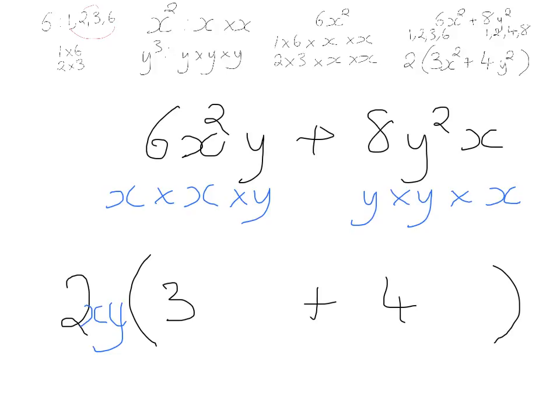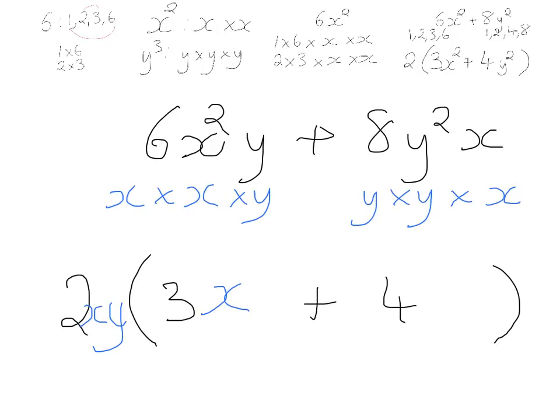Now to decide what goes inside the brackets, here from this group I've used up an x, which is here, and I've used up the y, which is here. So the only thing I've got left is an x. So this x here is this one from the list I didn't use.